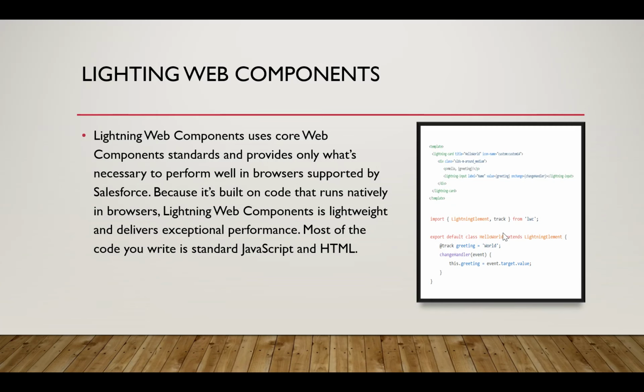A CSS file is not mandatory, but you can create your own CSS file and refer to it, and you have to reference all those in your main JavaScript class. We'll perform these activities and see how we create them. I just want to give you a brief understanding that this is the structure.